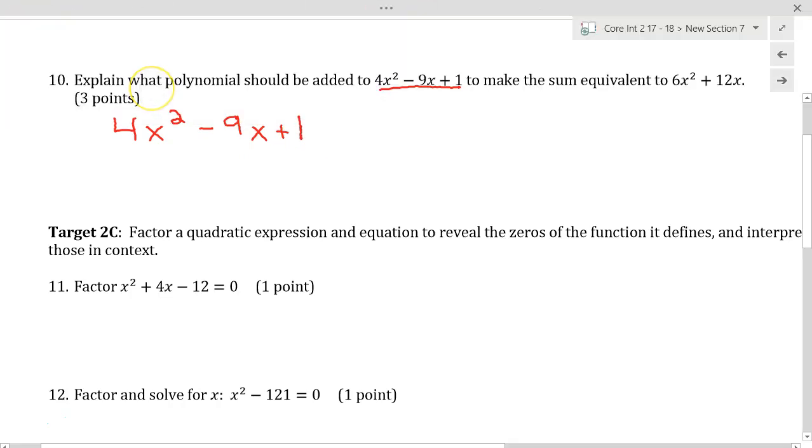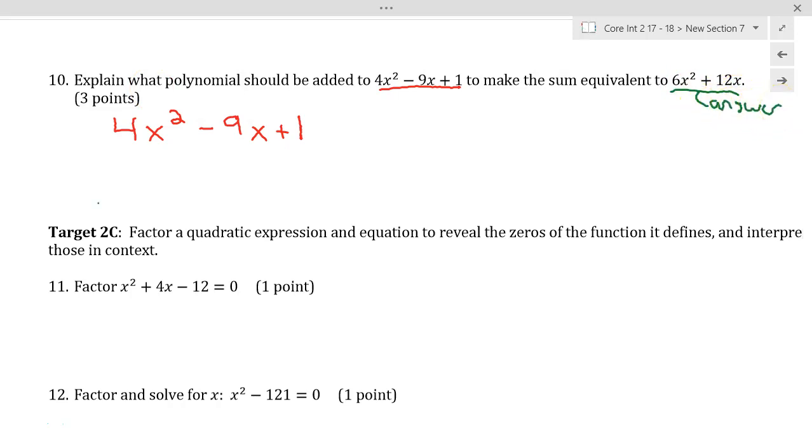And then this is my answer. So I'm going to have it down here. 6x squared plus 12x. There's two different ways to do this problem.